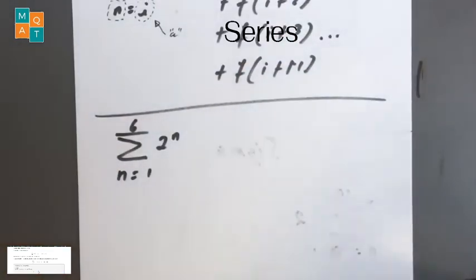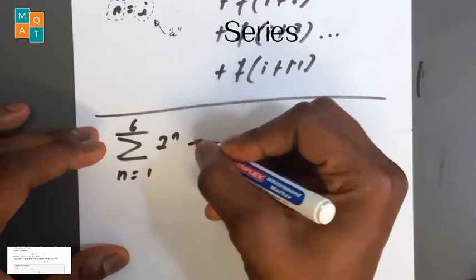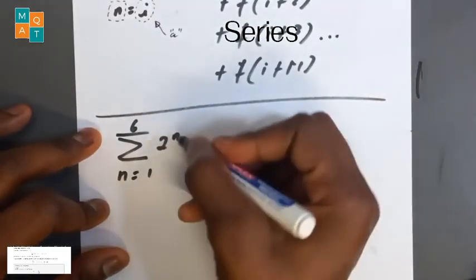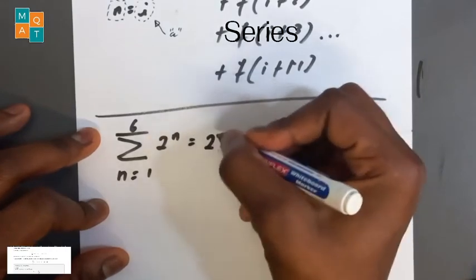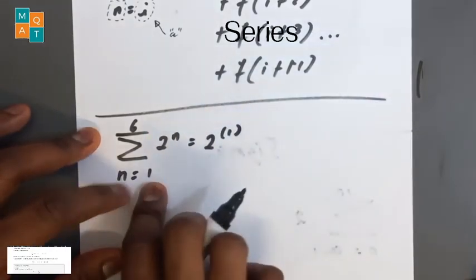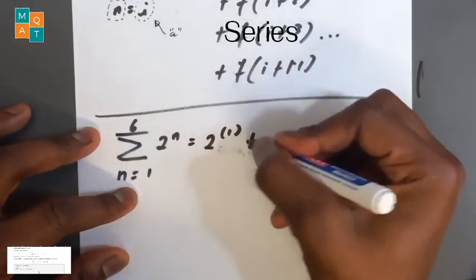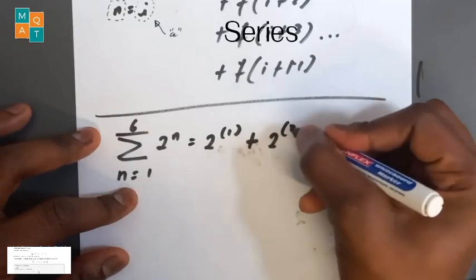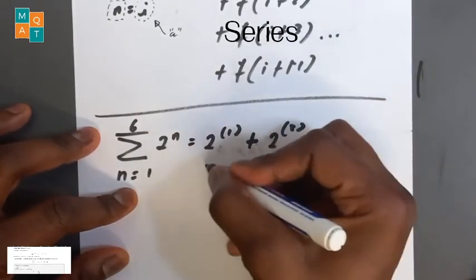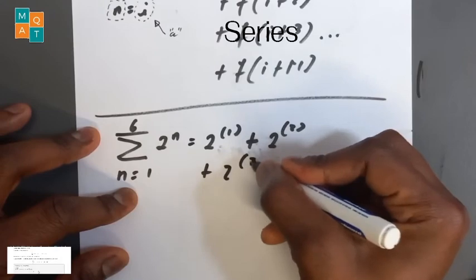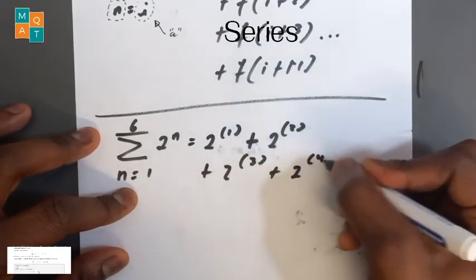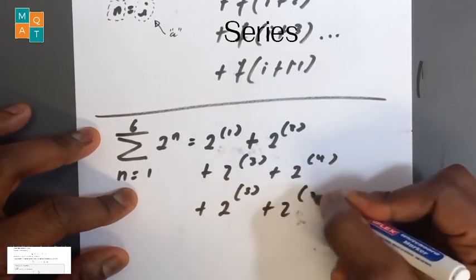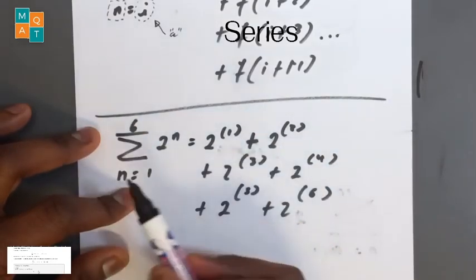Now, how we expand this: f of n is 2 exponent n, and my n is going to be 1 this time around, because that's the first value. Now plus, I take the very same thing again, 2, and in n, I put 2. I said it's incrementing as we go. Then plus 2 exponent 3, plus 2 exponent 4, plus 2 exponent 5, plus 2 exponent 6, and we only go up to this point.